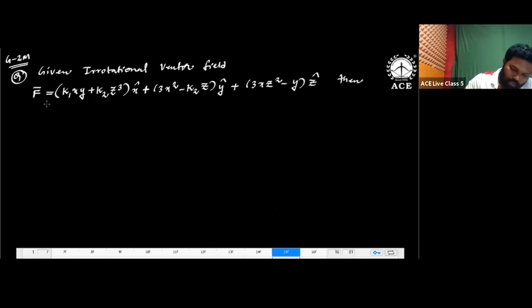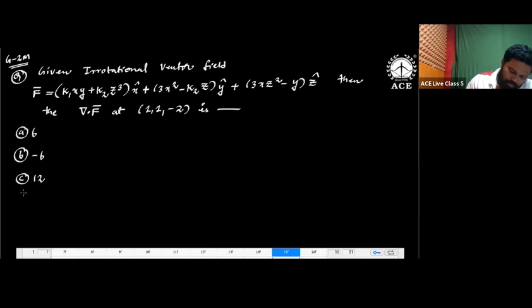Then the divergence of F at 1, 1, minus 2 is, options are given: option A 6, option B minus 6, option C 12, option D minus 12.